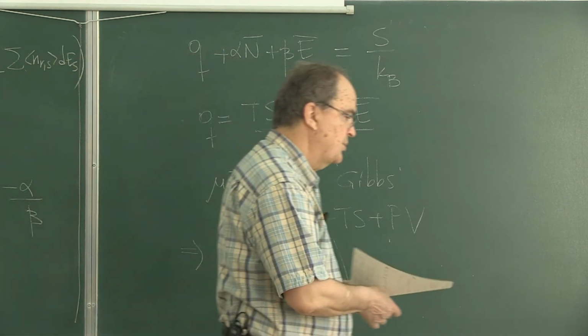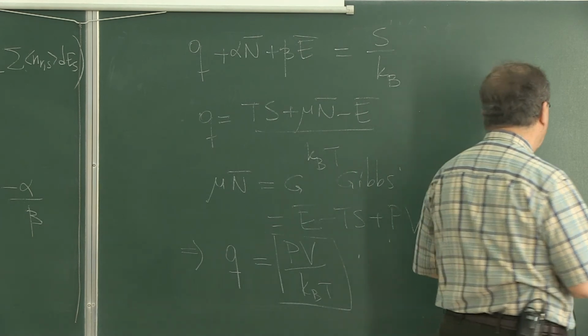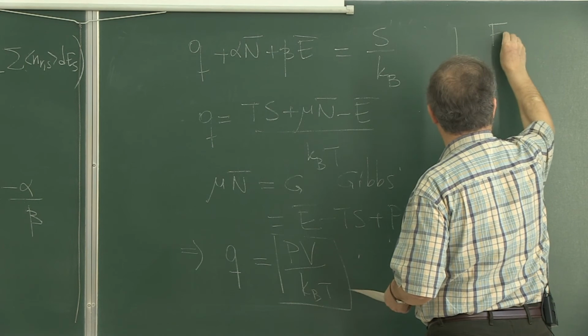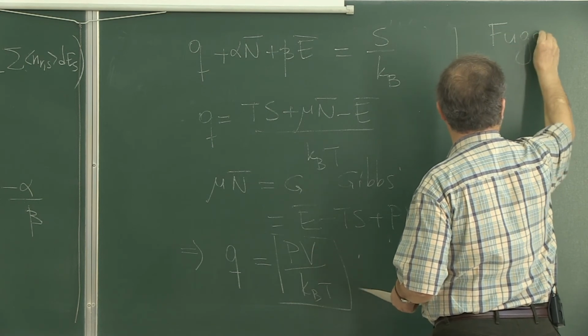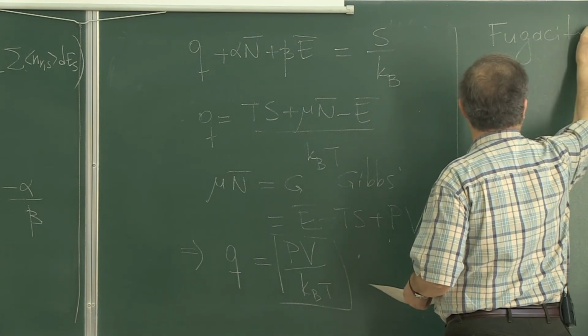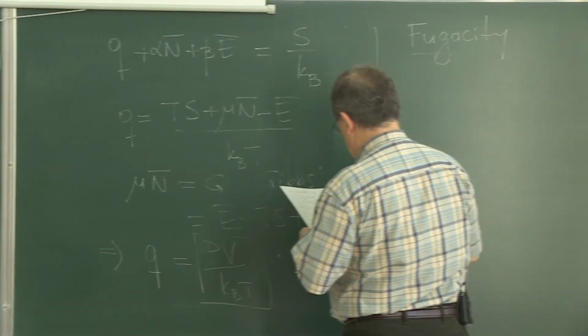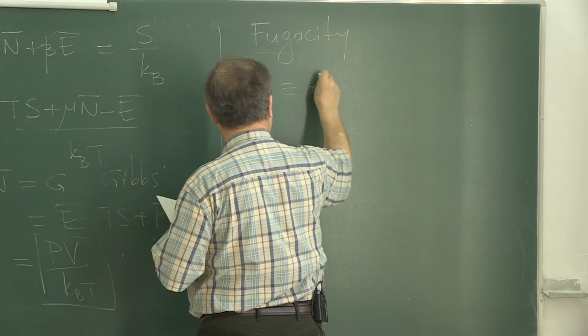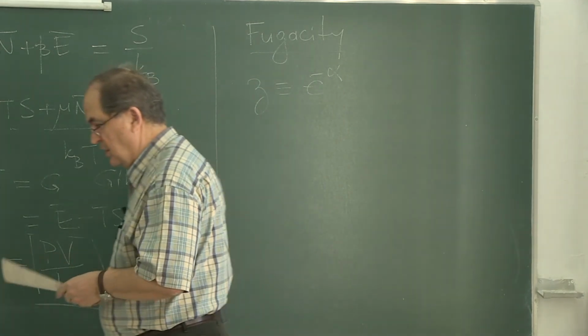Now I will introduce one more parameter, which is known as fugacity. The parameter is called z and defined to be e to the minus alpha.